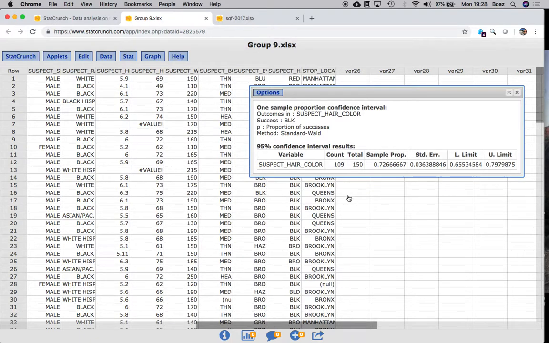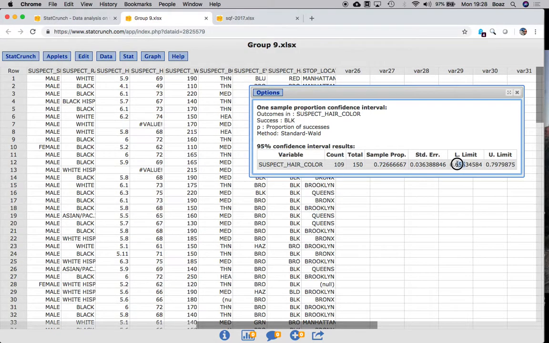And then hit compute. There we go. So this would tell us that out of 150 people stopped, 109 had black hair. And so the sample proportion of success we have here is 0.727. That says that about 73% of my sample had black hair.